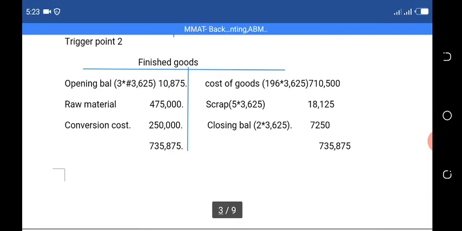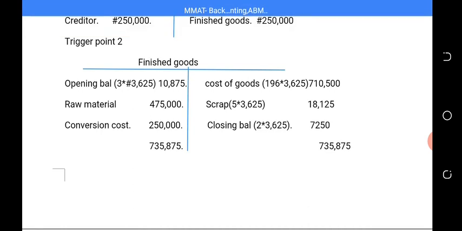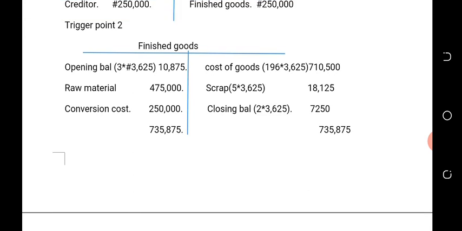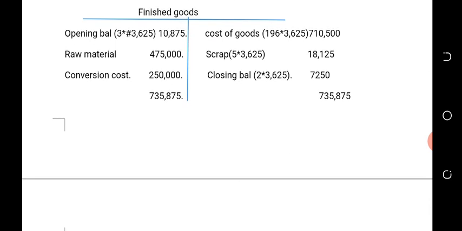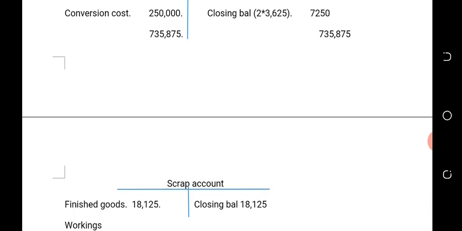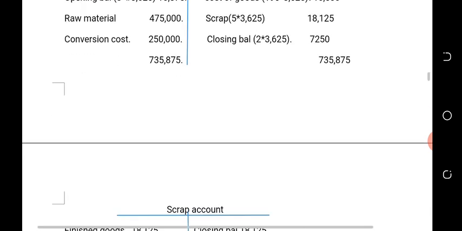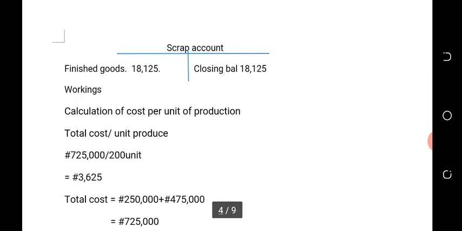Now, the cost per unit is what we use to get our cost of goods sold. Then multiply by our scrap value, you credit this account and you debit your scrap value.